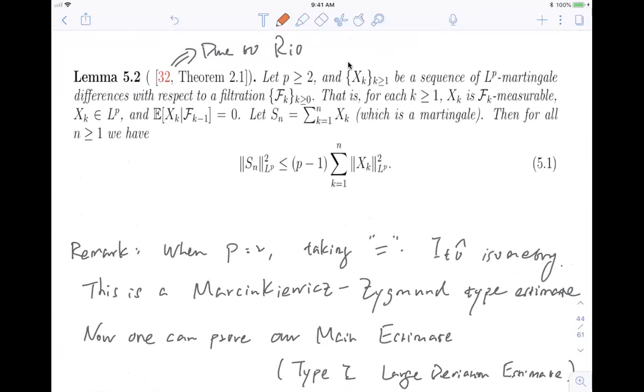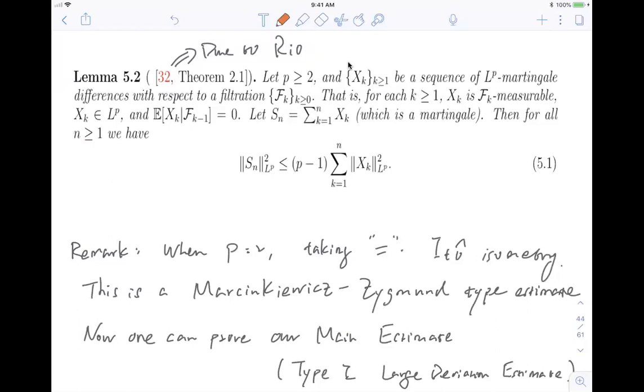So it says the following. If we have X_k, which is a sequence of martingale differences. What does martingale difference mean? If you sum up, you get a martingale. So X_k is a martingale difference sequence.